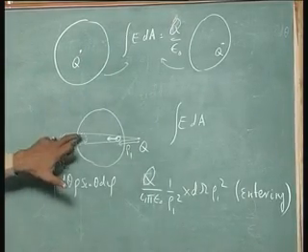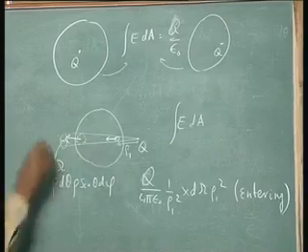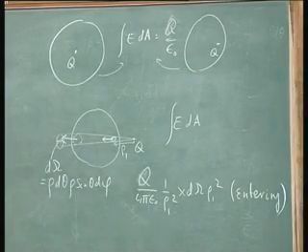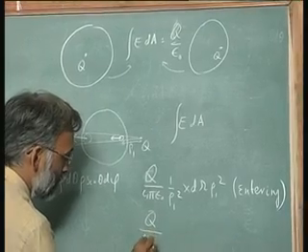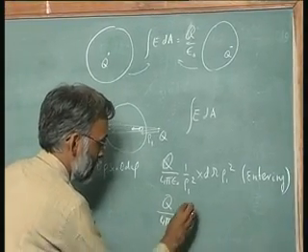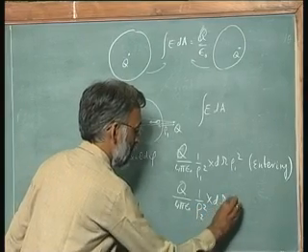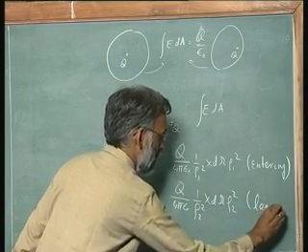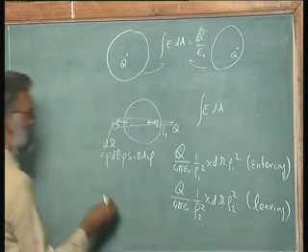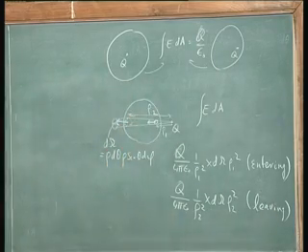Now, let us look there at the dotted line. Now, flux is leaving. How much is leaving? Well, it is q over 4 pi epsilon naught 1 over rho 2 squared into d omega rho 2 squared. Right, this distance is rho 2.